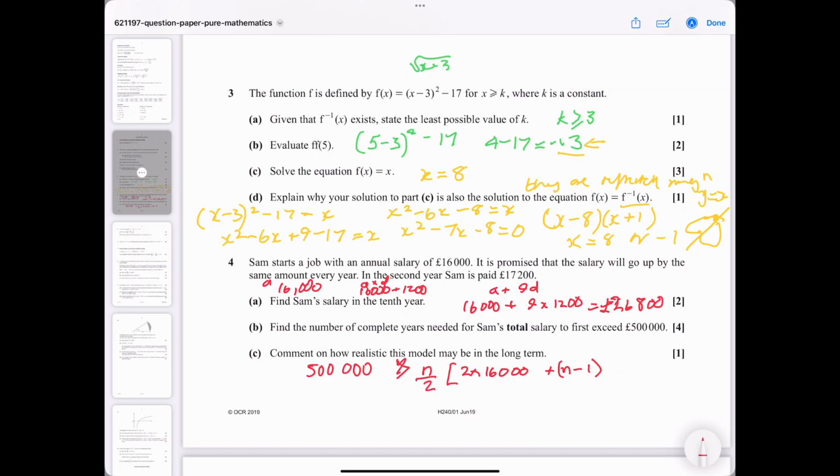Hang on, it's got to exceed this, so it's got to be that way around. d is 1,200.